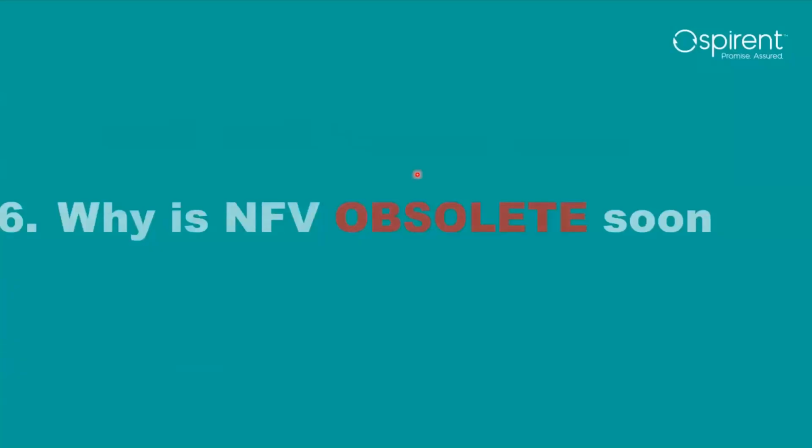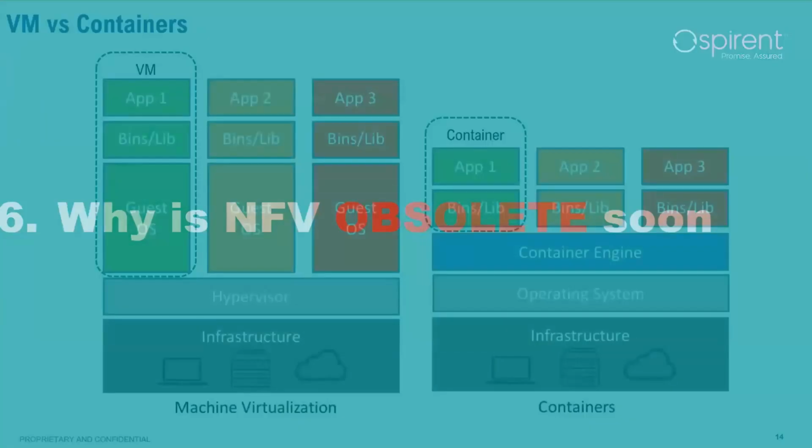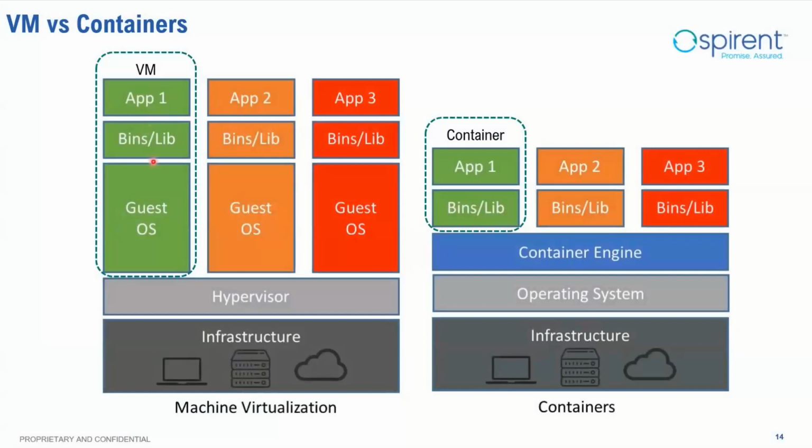Why is NFV obsolete? Why are operators stopping the use of virtualization, the NFV? So we're going to talk about that here now. So the VM, the virtualization, the application straight away came and it got virtualized.